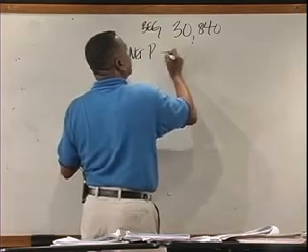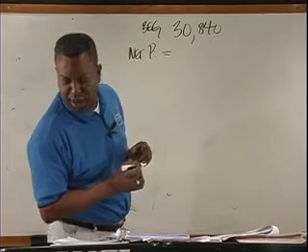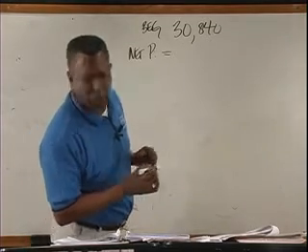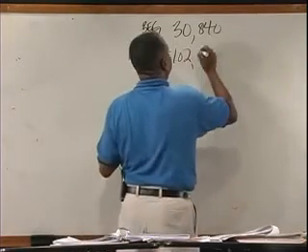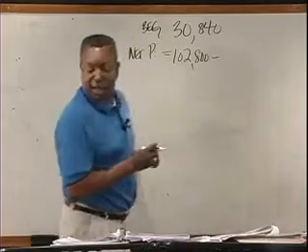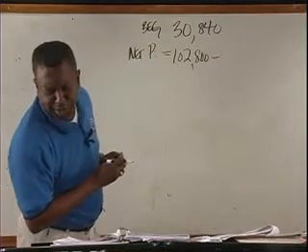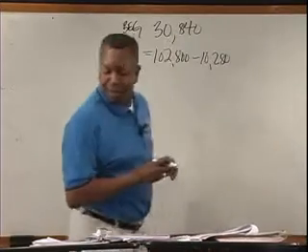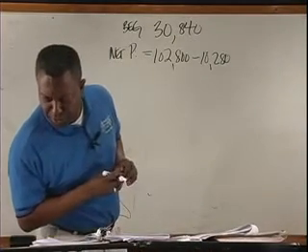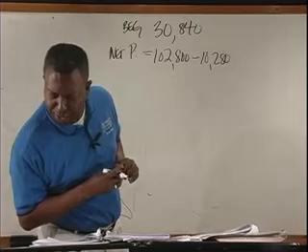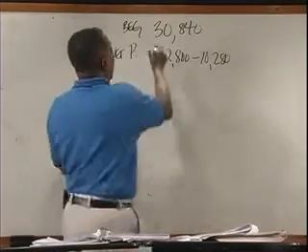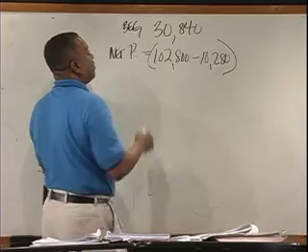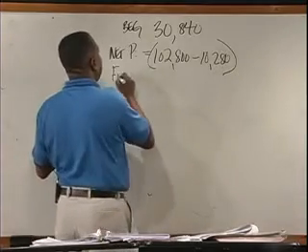Okay, then we go to net purchases. And net purchases equals our purchases 102,800 minus our purchase discounts, which is 10,280, minus any purchase returns or allowances. So we don't have that, okay? That's our net purchases. And then we have freight in.